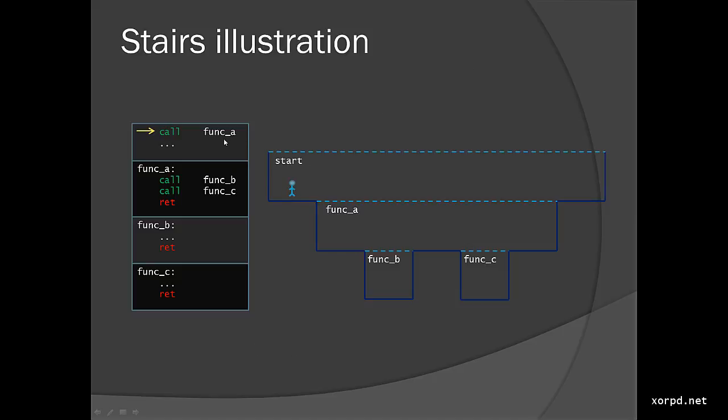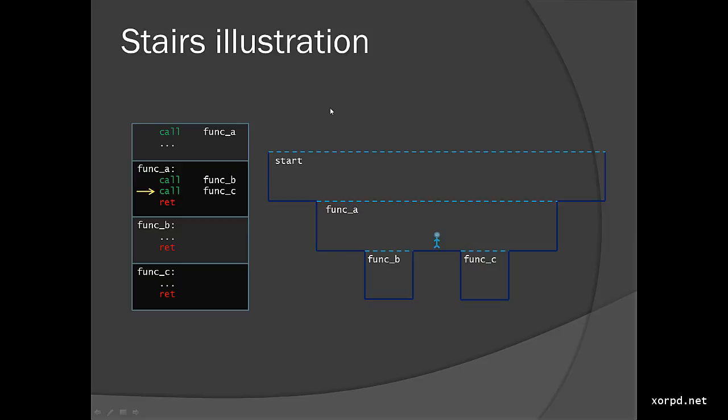We begin by calling func A. So we get inside the time domain of func A. Next we call func B. Then we execute some work inside func B, which means that we spend some time inside func B. And finally, we return. When we return, we get to func A, just before the call to func C.